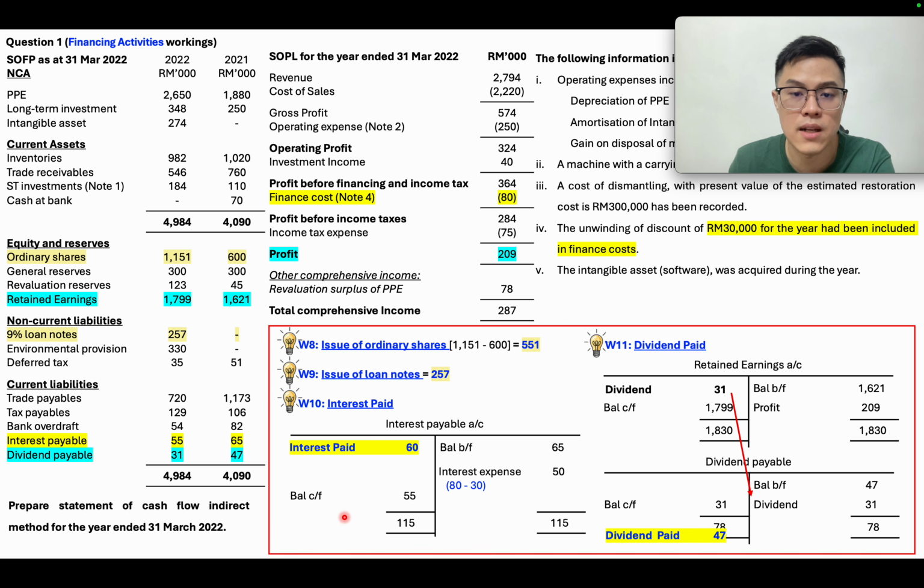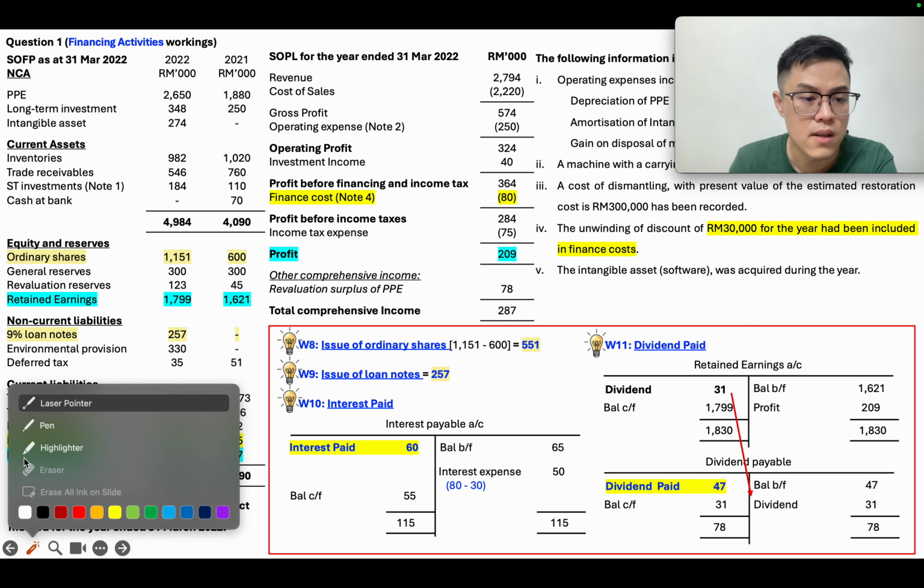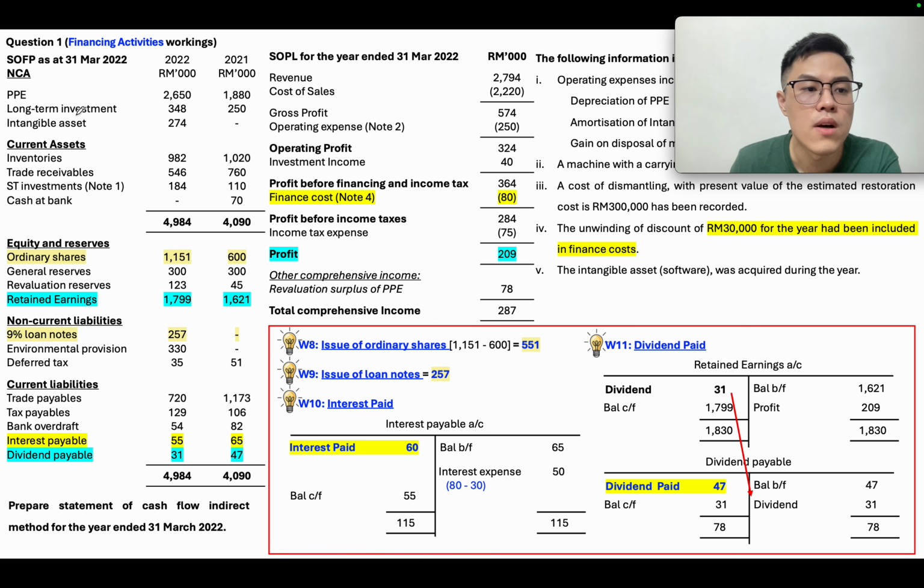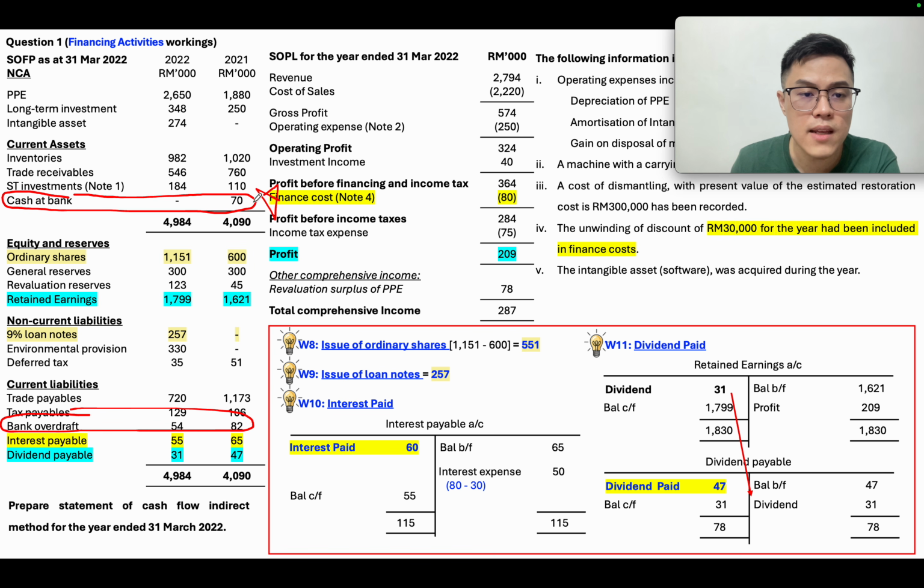Let's look at the statement here. You have your cash flow under current asset, cash at bank, and you also got overdraft. So 70 minus 82, that will be your cash outflow, so-called the negative balance.